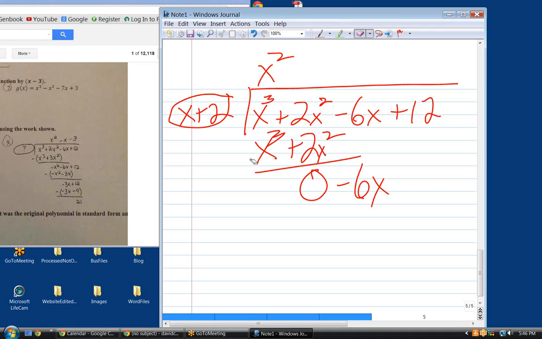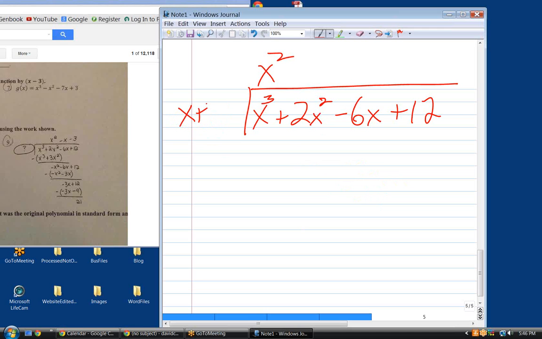Oh, plus 3? Yeah. If that were a 3, then I would get x cubed plus 3x squared, which is what we're looking at here.